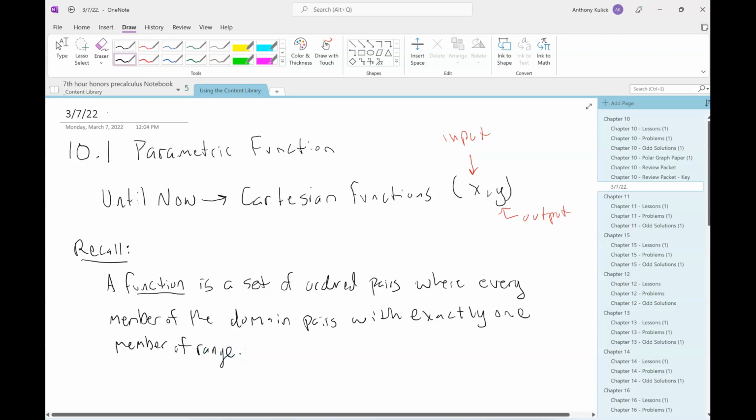And it's that exactly one part that's really the important part there.